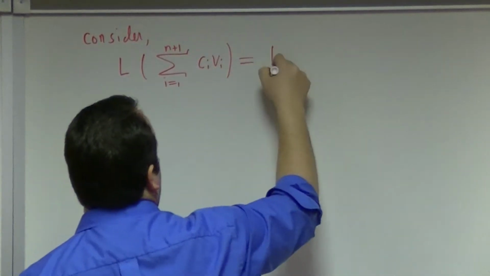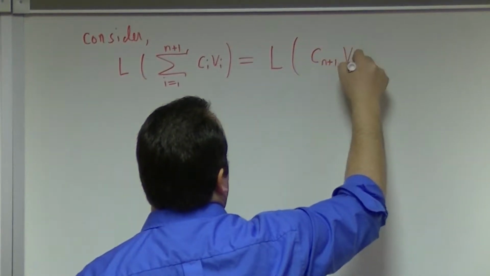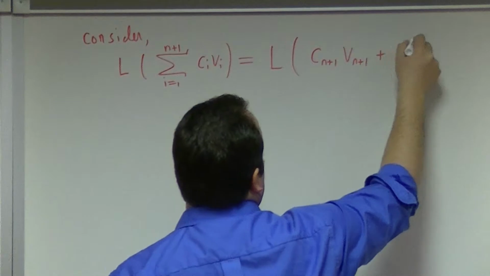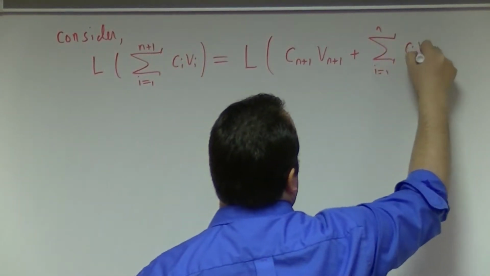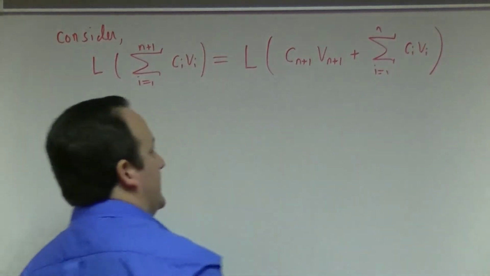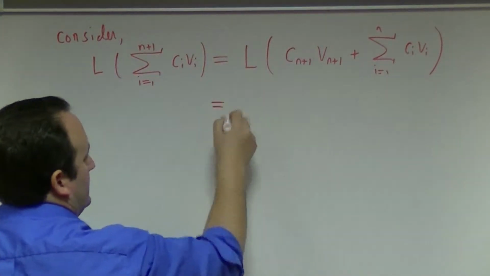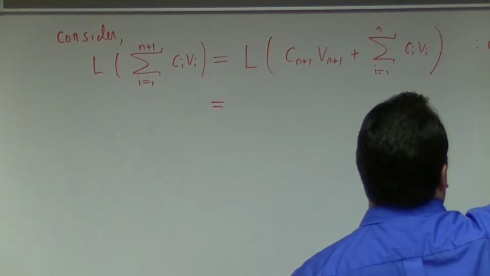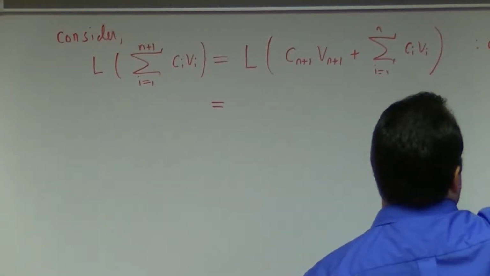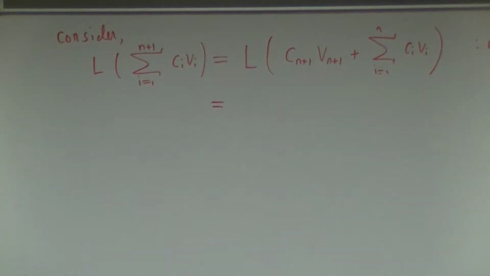By definition of finite sum, this is C(n+1) V(n+1) plus the sum. That's just the definition of the finite sum. Then what can I use to make my next step? Additivity, right.